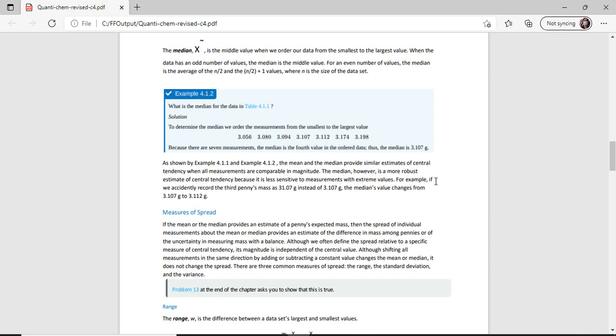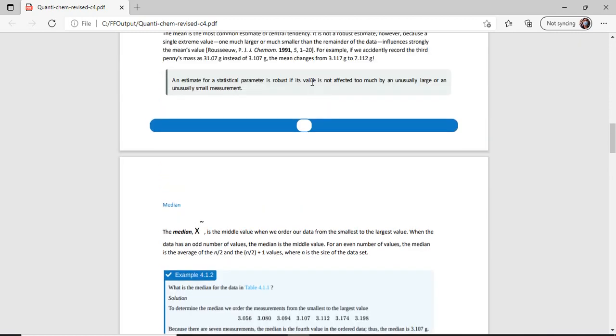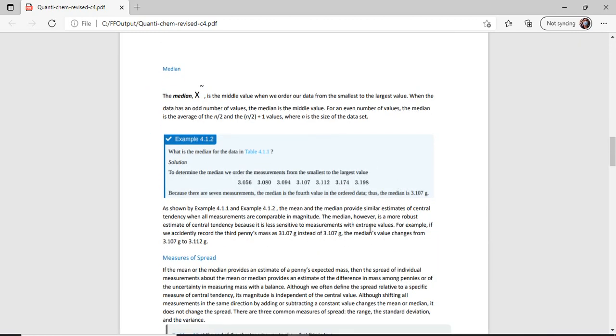For example, if you accidentally record your third penny with a mass of 31.07 instead of 3.107 grams, the median value would change from 3.107 to 3.112.